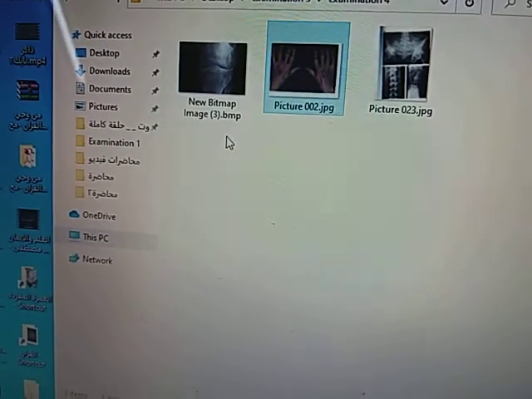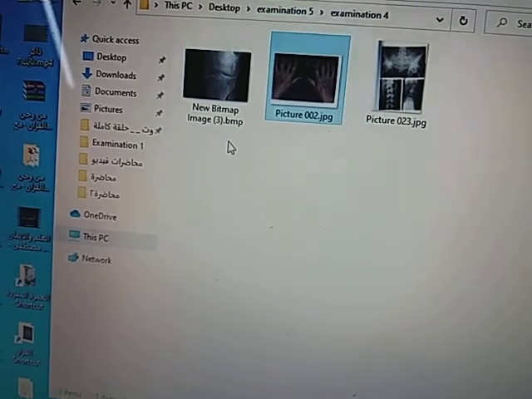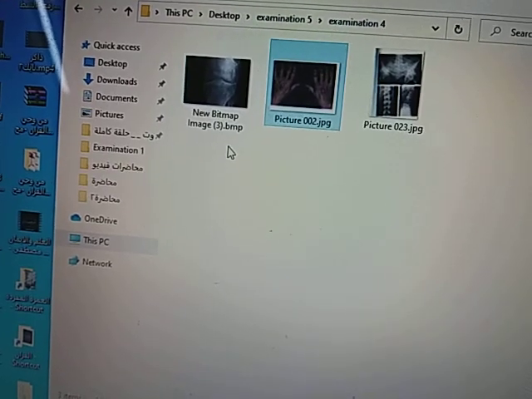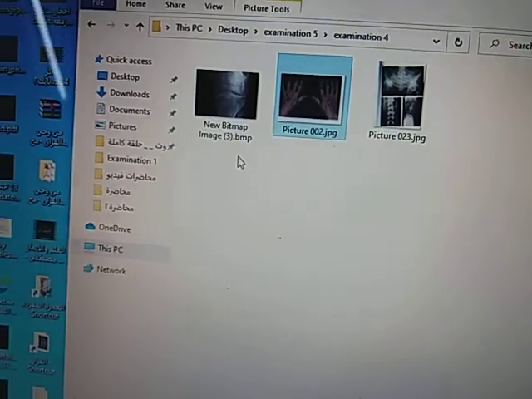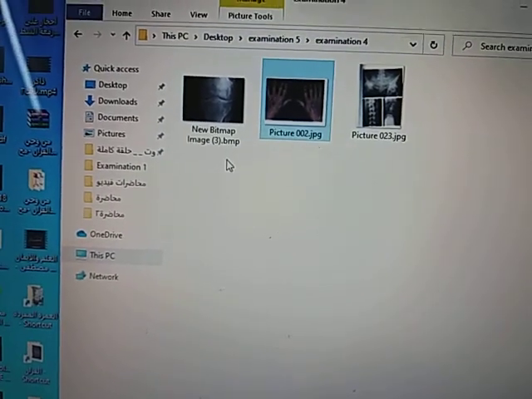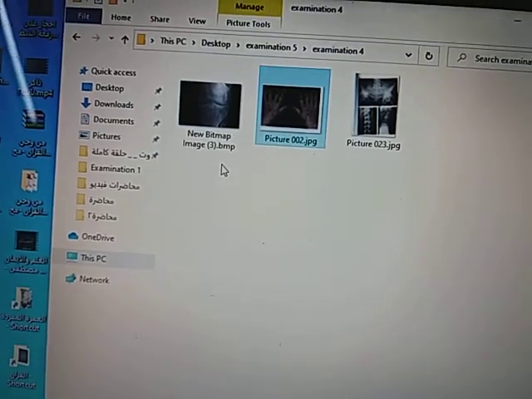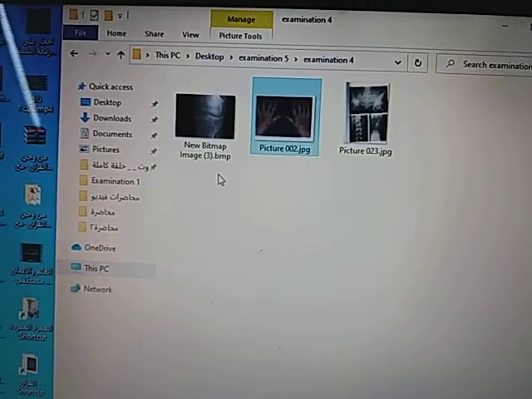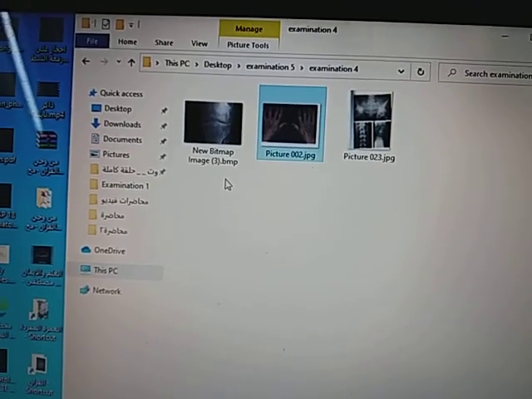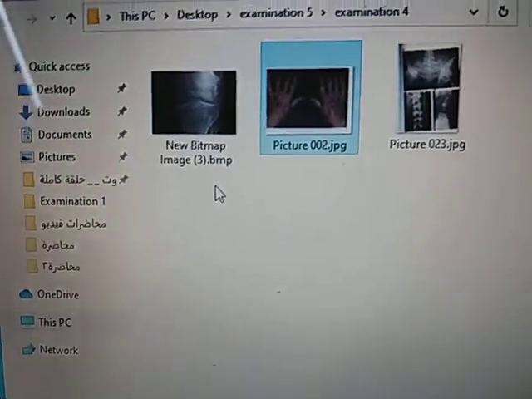Keep in mind that there is a poor correlation between the radiological findings and the clinical findings, as degenerative changes are very common. Degenerative radiological changes are a very common radiological finding in most of the middle-aged people, but most of them are asymptomatic.